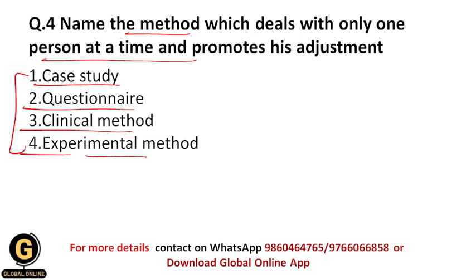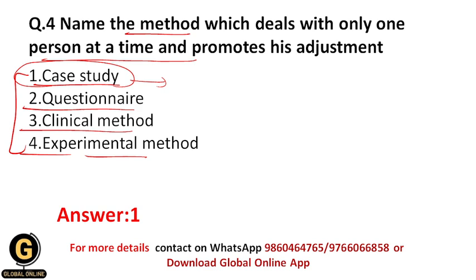Obviously, students, all of you understood that your correct answer here should be case study. As we have seen earlier in this video, within the case study we study in detail information about a single person at a time. That's why case study is the method which deals with only one person at a time, and it also promotes that person's adjustment. I mean to say, according to that person's adjustment, the researcher does the study.